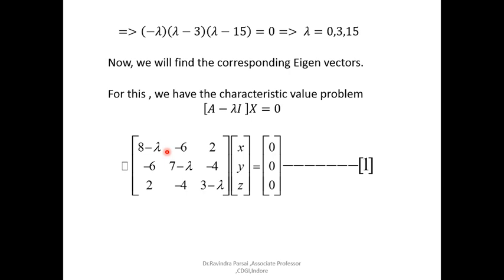Now our objective is to find the values of x, y, z for different values of lambda. You have 3 different values of lambda, so you get 3 different eigenvectors, and the process is repeated 3 times.